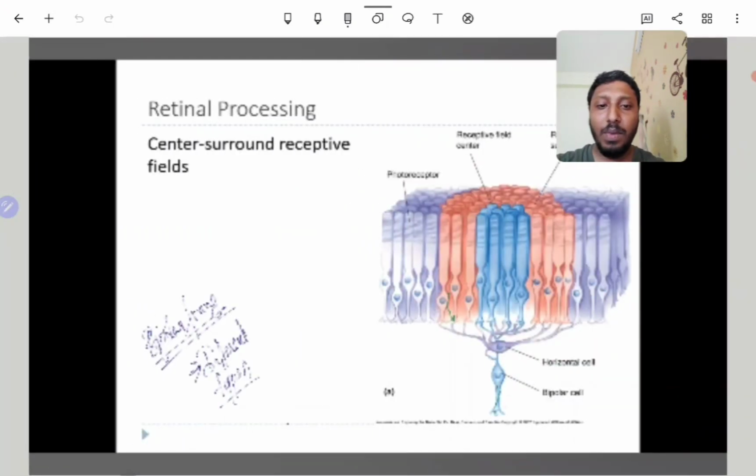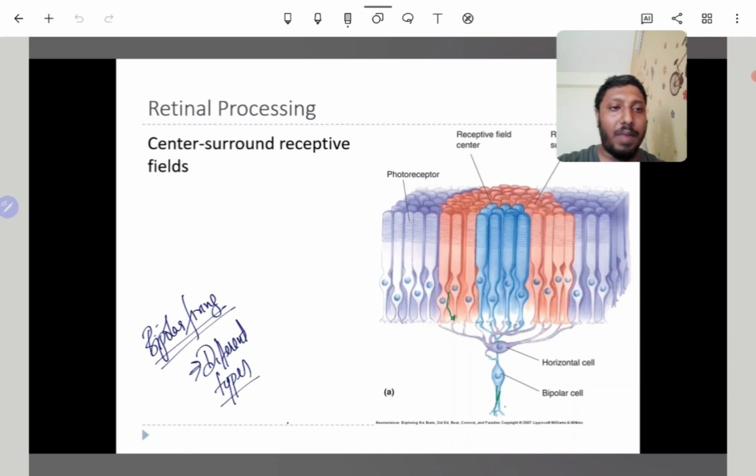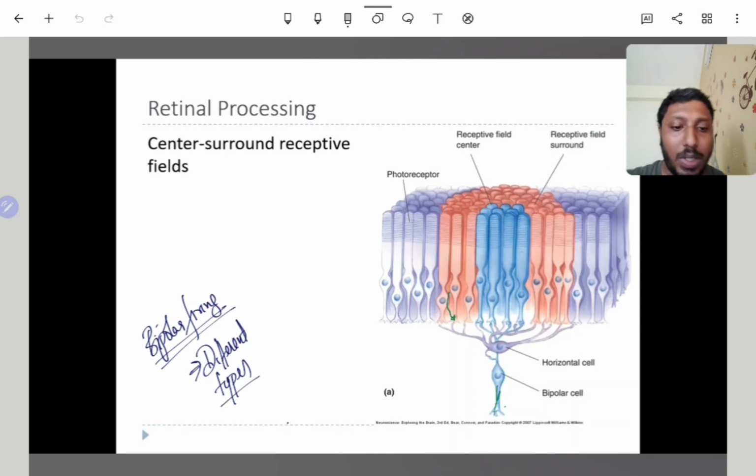Whenever we think about retinal processing, we need to know how bipolar cells fire. Bipolar cells always fire with center surround receptive fields. What do you mean by center surround receptive fields? If this is a receptive field, all these neurons are arranged three-dimensionally in a circular area.